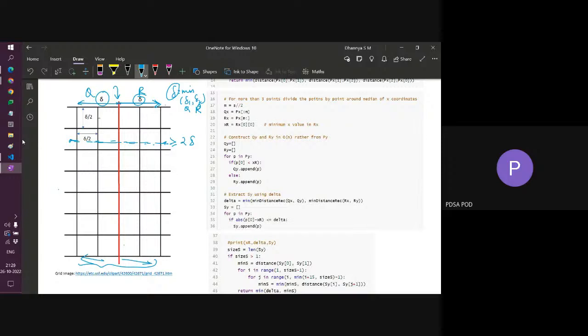I only have to look at all the points which lie like this. So I'm totally going to ignore the points of this type. I only have to worry about the points of this type, something like this or something like this. So this could also be less than delta, because this is what is delta.